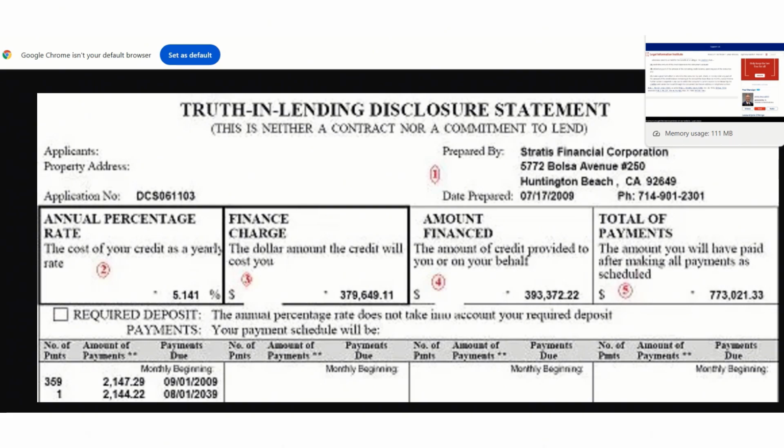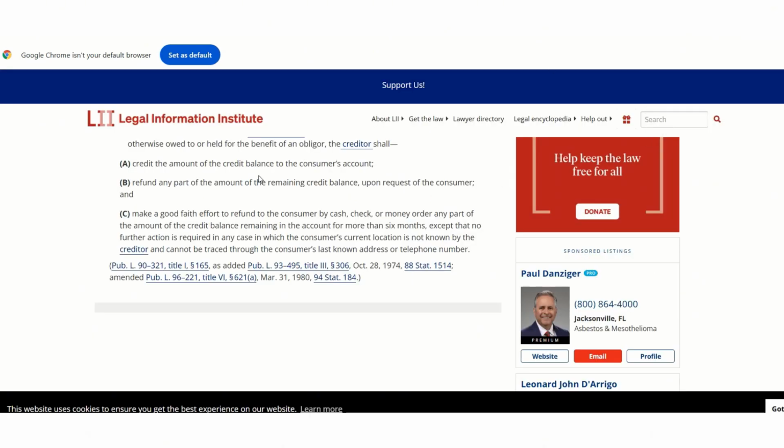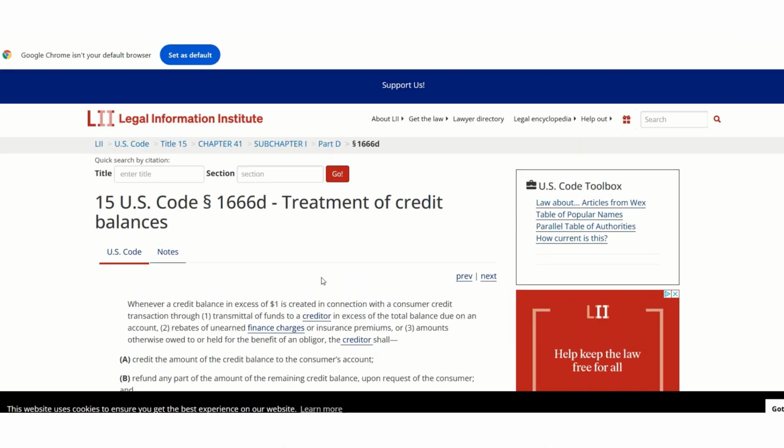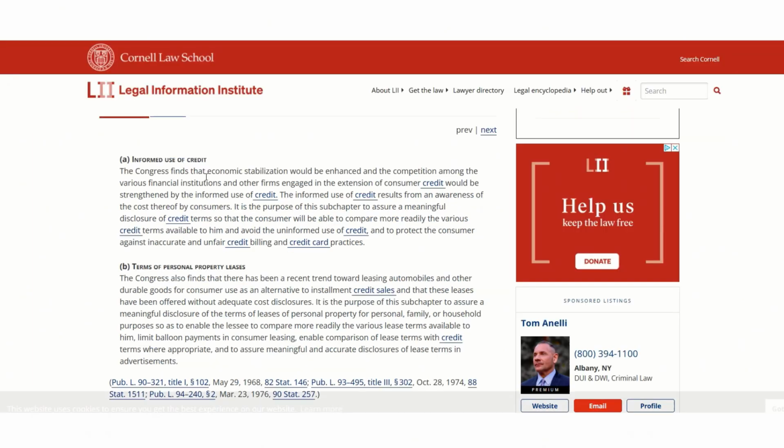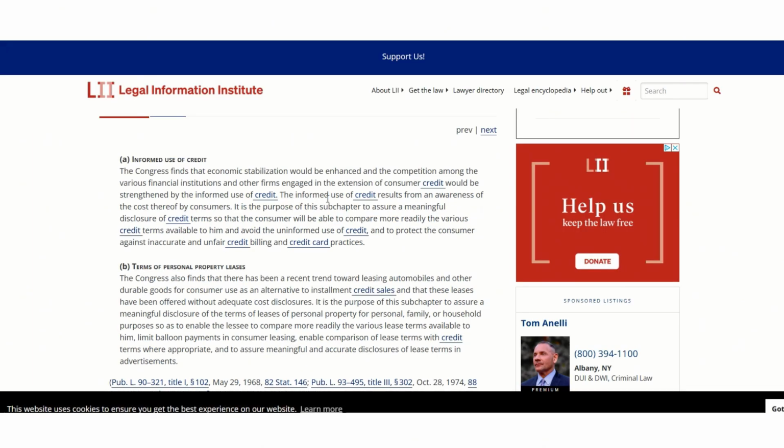They don't like it. Well, you could say pursuant to such and such law, and you have to know how to form your words and let them know the laws which create the credit terms. See, the laws create the credit terms. Let's go back here. The informed use of credit results from an awareness of the cost thereof by consumers.